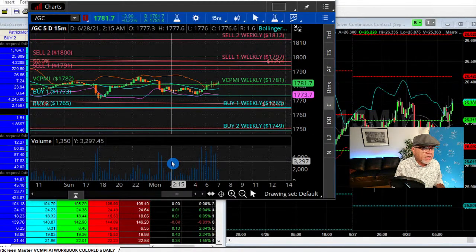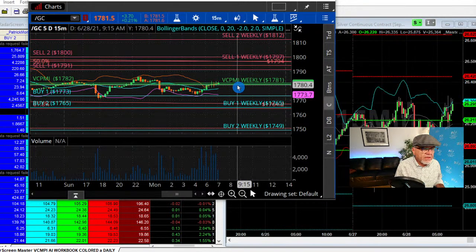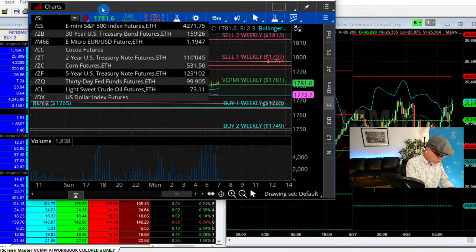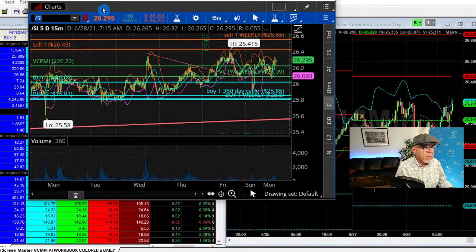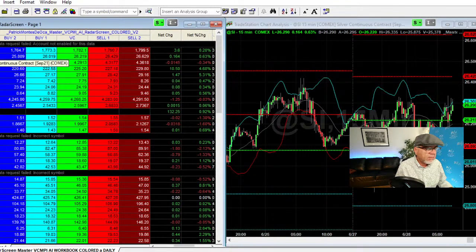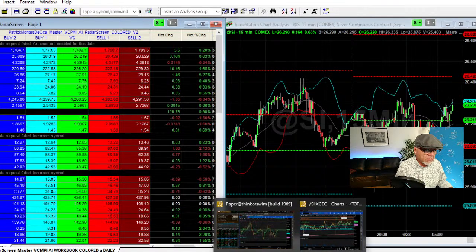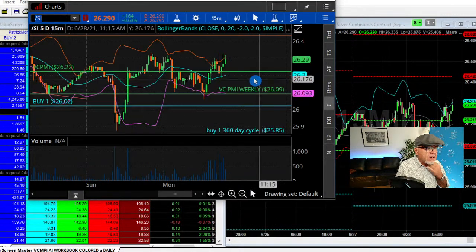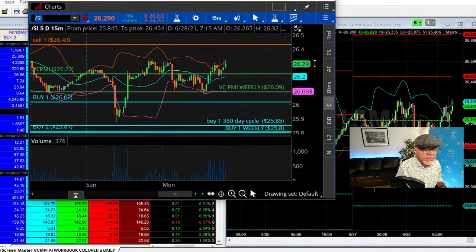Coming back to the markets, we're hovering around the average price on gold. And silver has activated a much more clear signal than the gold market today.